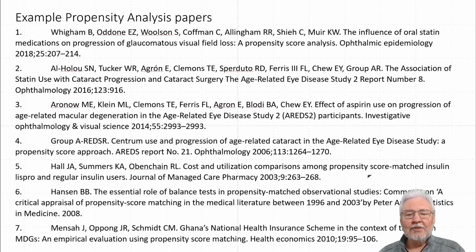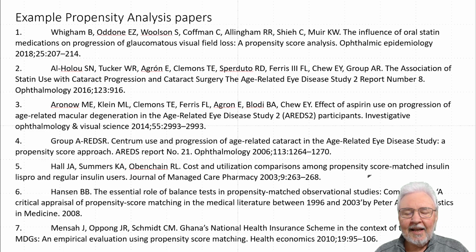Propensity analysis isn't a super common thing that you'll run into very often in your studies, but here are some vision papers that use propensity analysis. This is a much more common practice in the medical literature, and I'm hoping to encourage the use of it in vision literature.